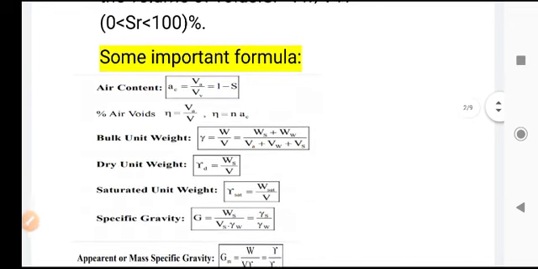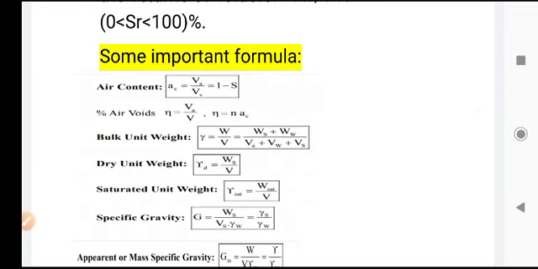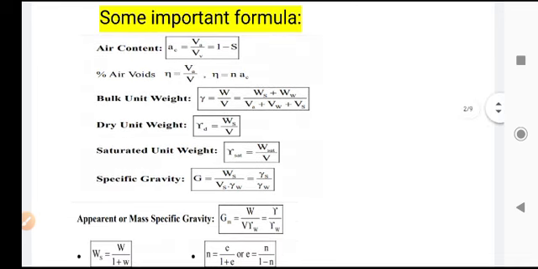Some important formulas, you can watch them by pausing this video. Air content a_c equals 1 minus S, where S is the degree of saturation. Bulk unit weight gamma equals total weight of soil sample by total volume of soil sample.